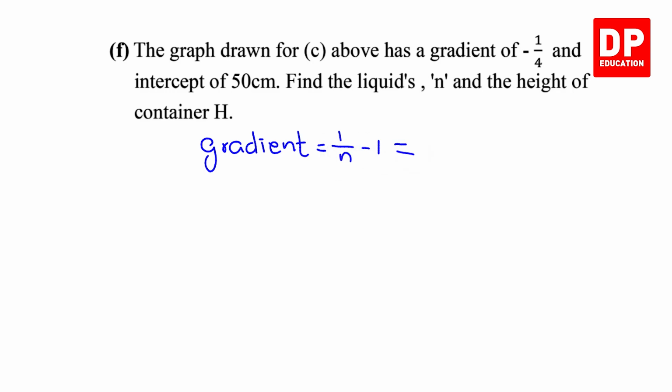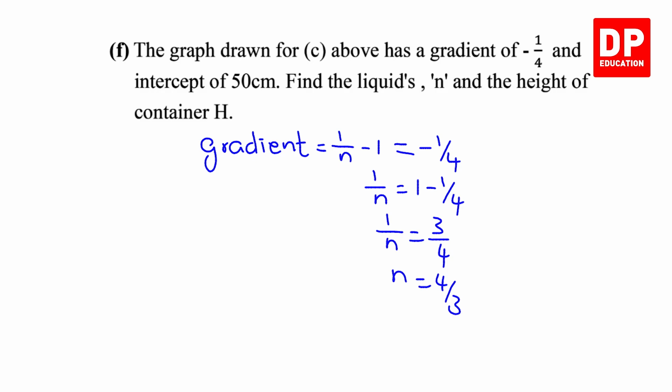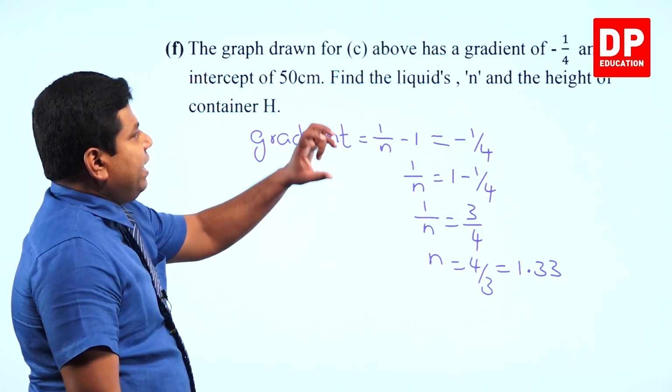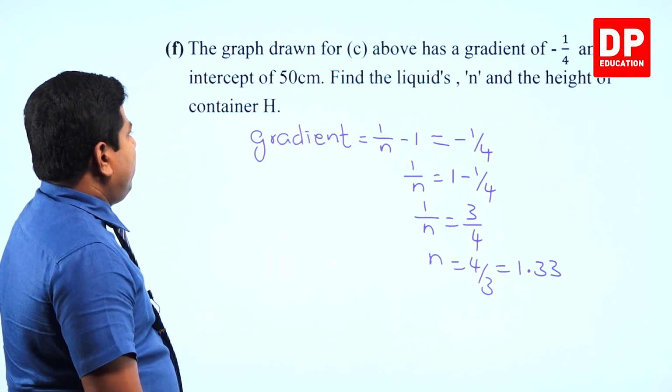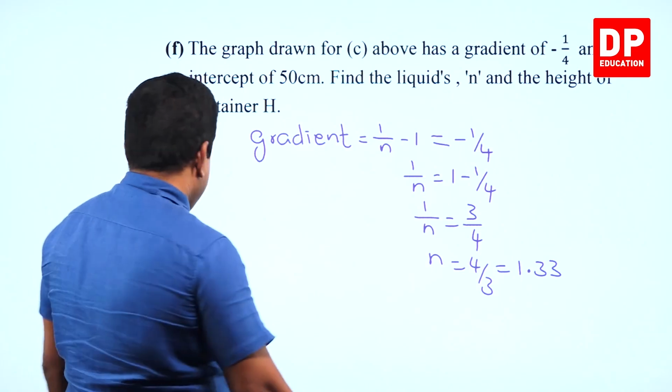That is what they have given as minus 1 by 4. So 1 over N will be, take this 1 to the other side, 3 by 4, N equals 4 by 3, 1.33. N equals 1.33.